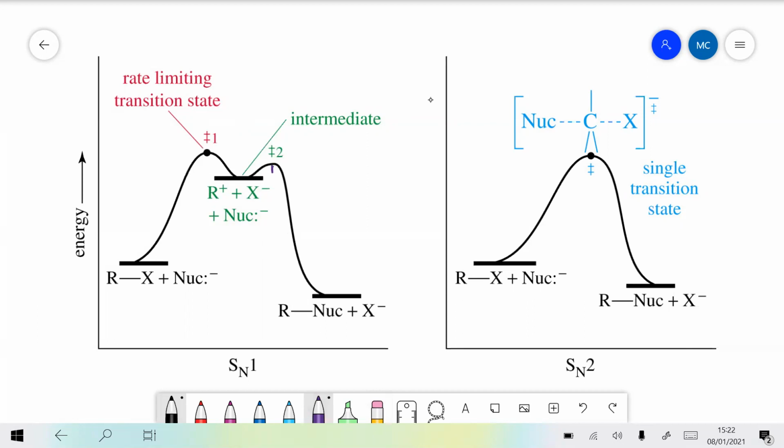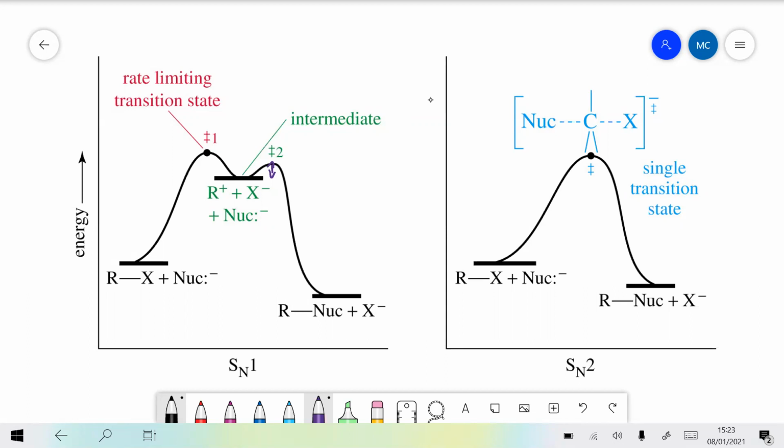You require only a little bit of energy to get them to move forward to your final product. On the other hand, for SN2, there is only one step. Therefore, you have no intermediate products. This is only a transition state.